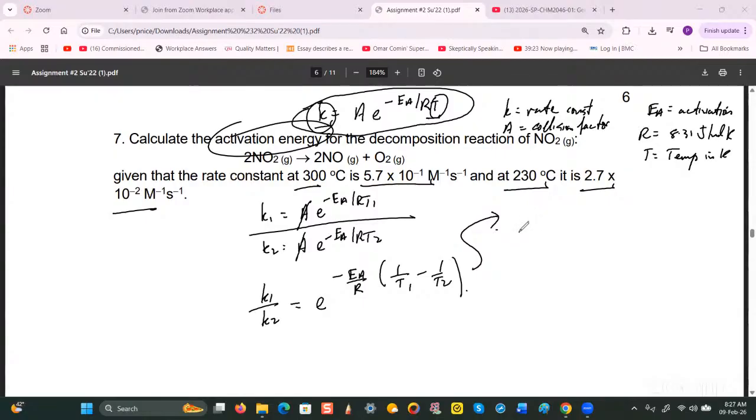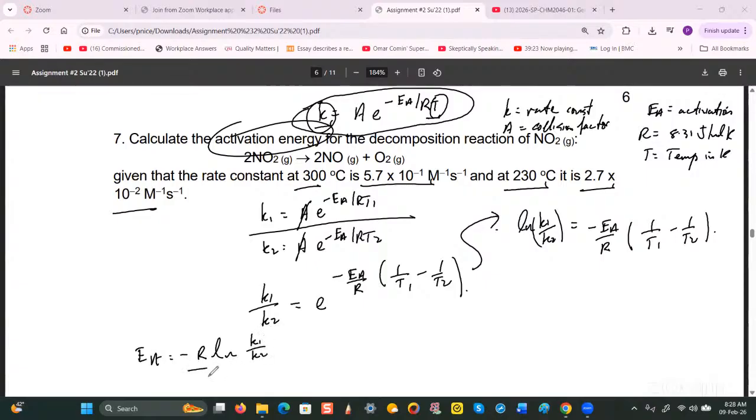You're going to end up with ln K1 over K2 is equal to minus EA over R times 1 over T1 minus 1 over T2, which means that EA will be equal to minus R times ln K1 over K2, all divided by 1 over T1 minus 1 over T2, right?